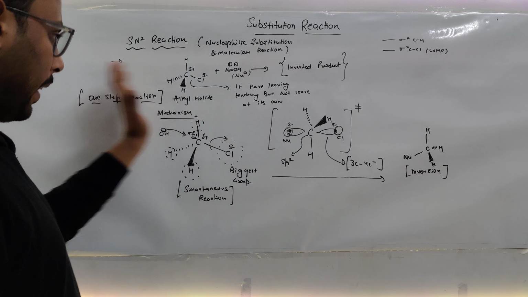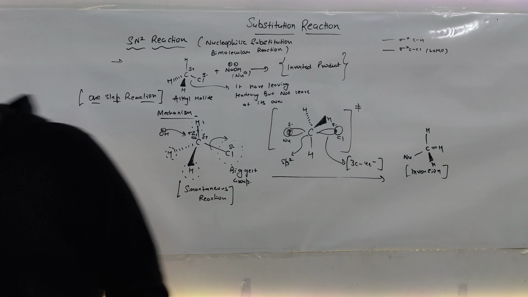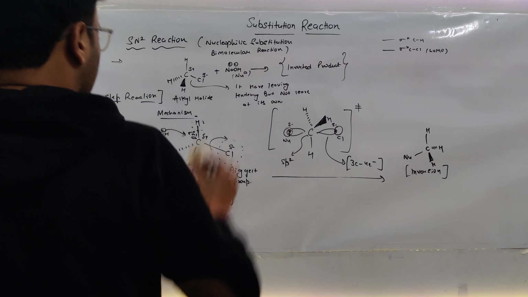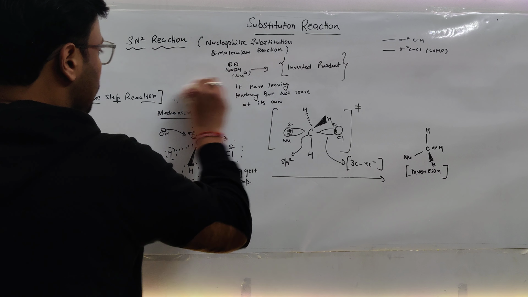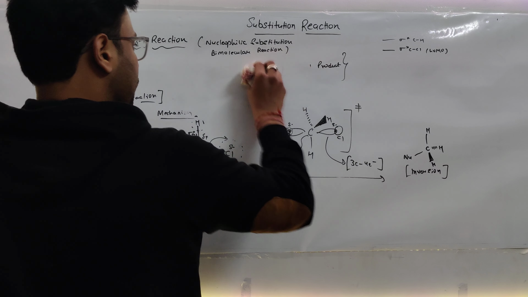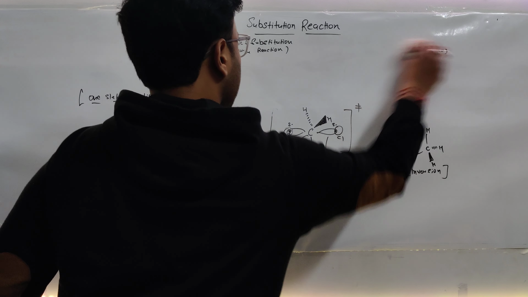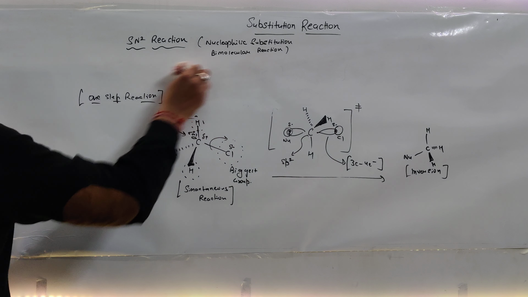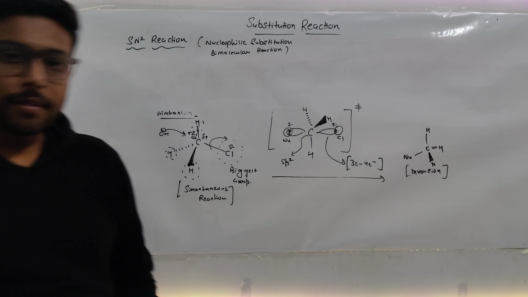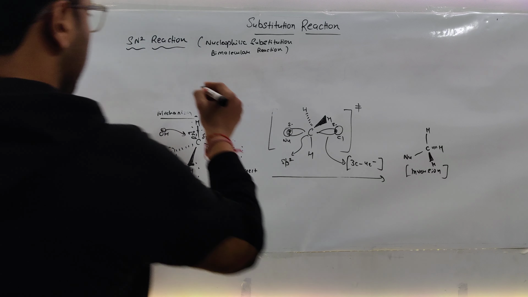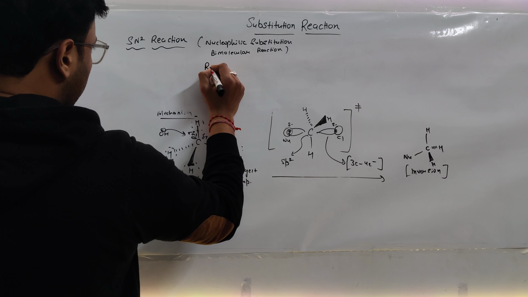Okay, so let's take the notes and summary of the points we are going to tell. Let's first talk about the rate of reaction. First talking about the RDS step.